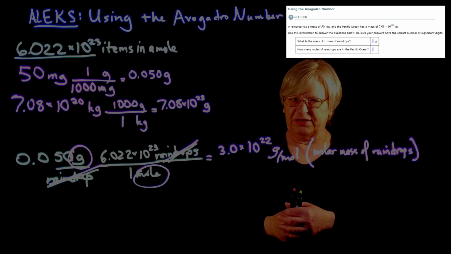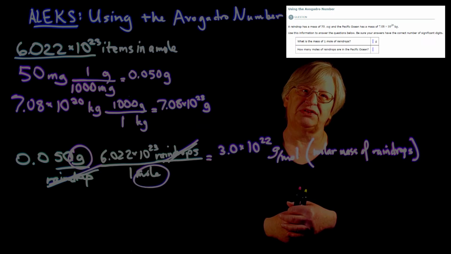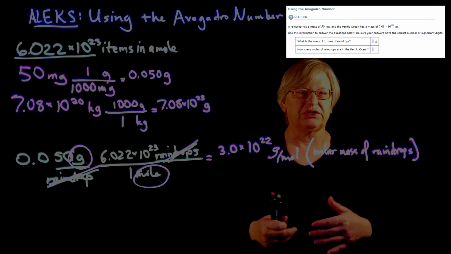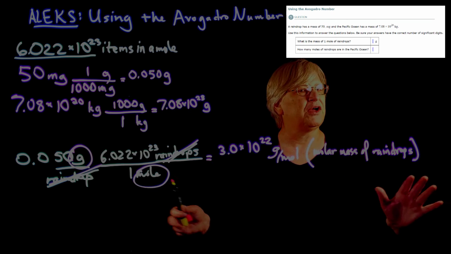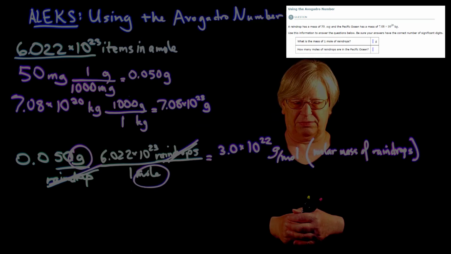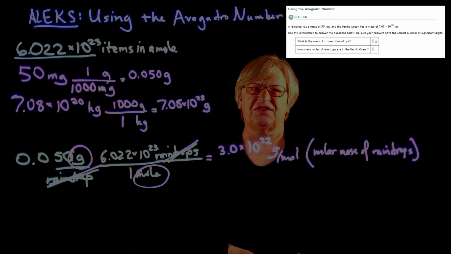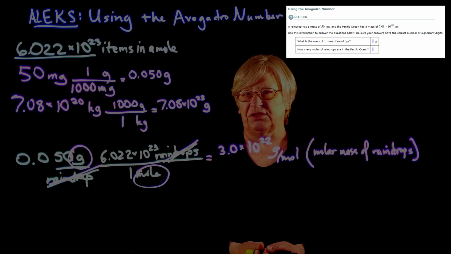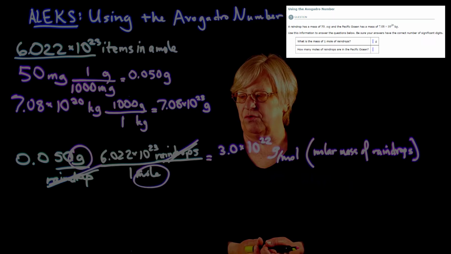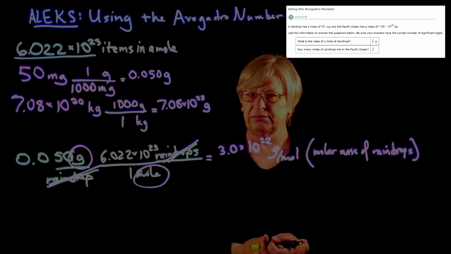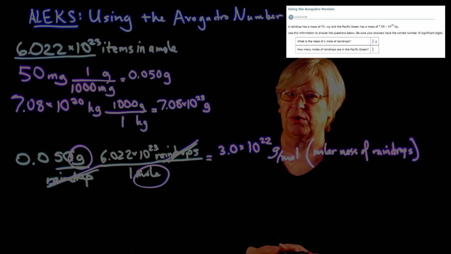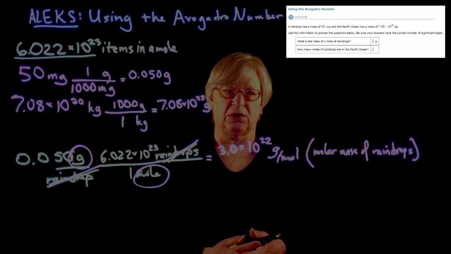The second part is it wants to know how many moles of raindrops we would have in the ocean. So now that we've got our molar mass, we can use that to figure out step 2 of our problem. So the second part of our question is asking us for the number of moles of raindrops in the ocean. So let's look at what we know about the drops in the ocean.